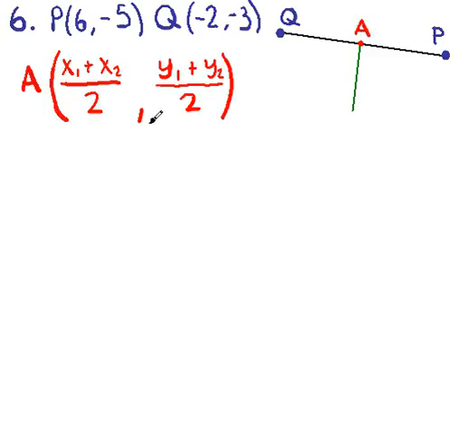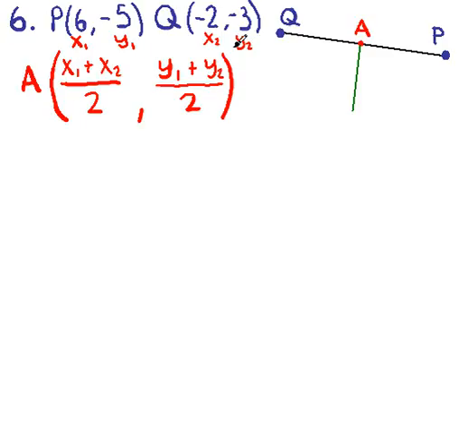We'll call the midpoint A, so as not to get mixed up with the gradient, which will be m. So this is x1, y1, x2, and y2.